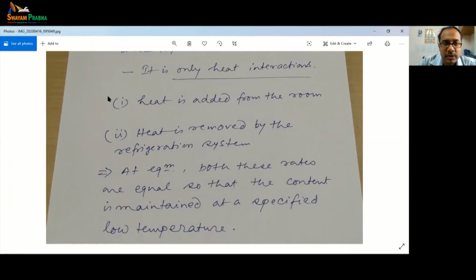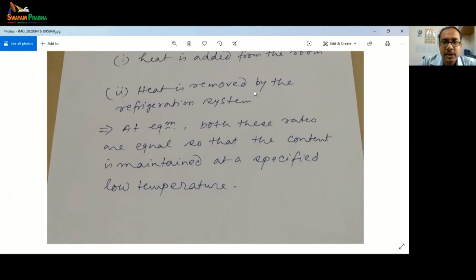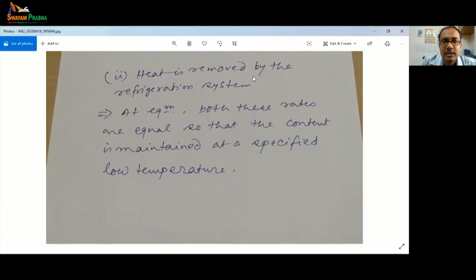Now the first one, the heat is added from the room, because suppose if you switch off the refrigerator, the thing will be heated up to the room temperature. So heat is constantly getting added from the room, and whatever the refrigerator system is doing is extracting that heat. The second heat interaction is heat is removed by the refrigeration system.